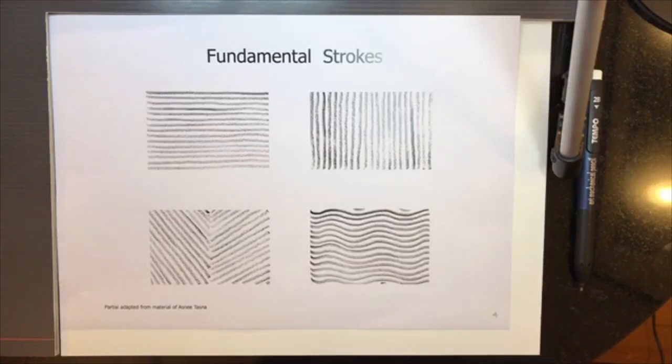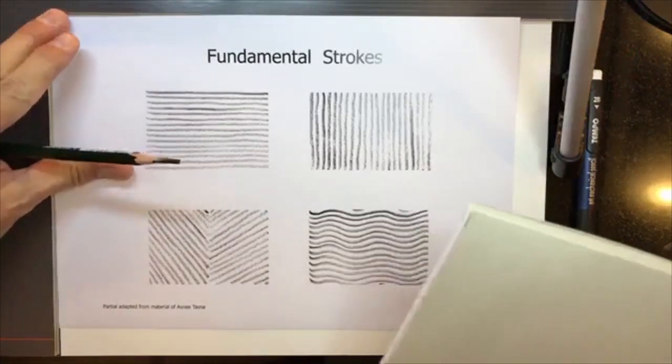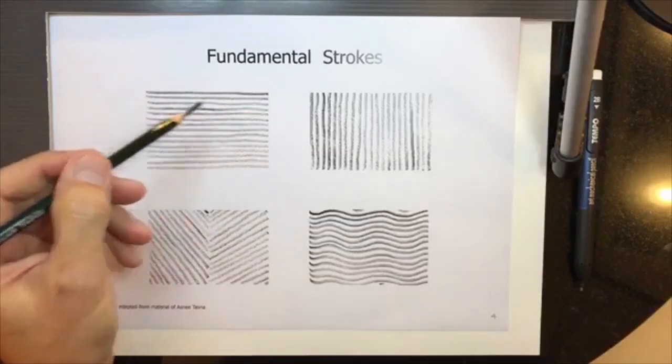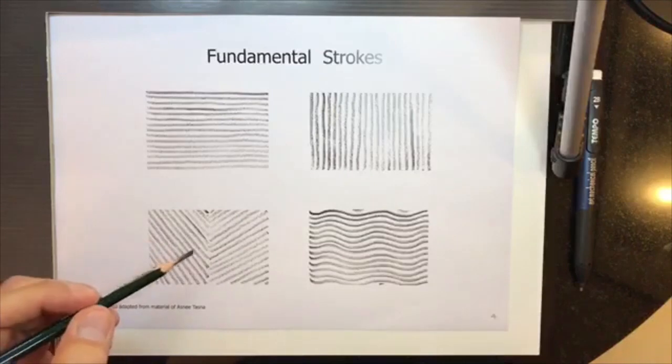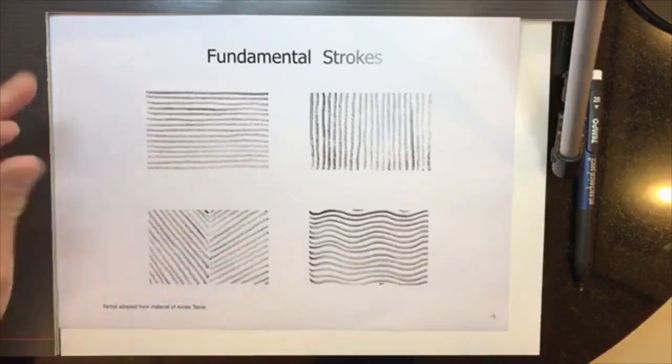If everybody has the paper and pencil already, can practice together. First one is horizontal, vertical, and curve and diagonal, right?